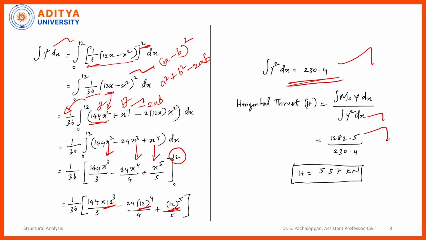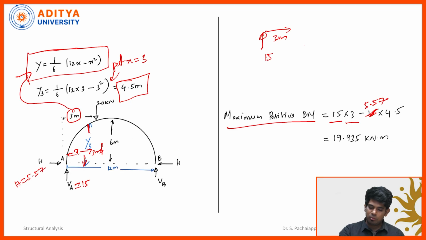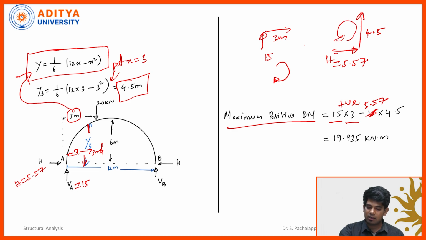Now you can see the H is acting like this and the perpendicular distance to this is 4.5 meters. Now you see the 15 into 3 is rotating in a clockwise direction. That's why this is a positive value. But this H value, 5.57 multiplied by 4.5, is rotating in an anti-clockwise direction.